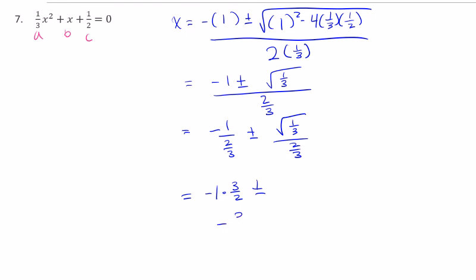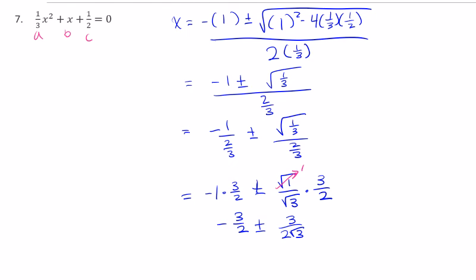So I get -3/2. All right, and then on this side, I get the square root of 1/3, which I'm going to start breaking up. Square root of 1 over root 3 times the reciprocal of 2/3. Okay, so the square root of 1 is 1. And so I get 1 times 3 on top, it's 3, and then 2 root 3 on the bottom.